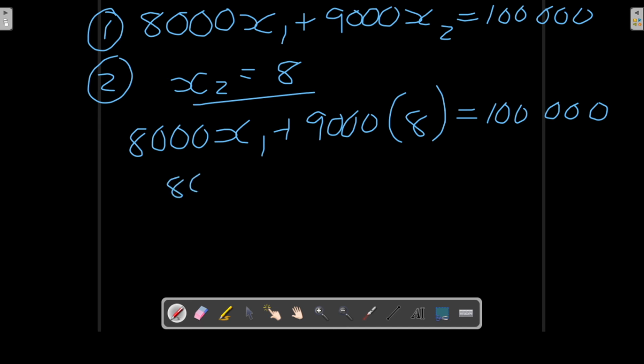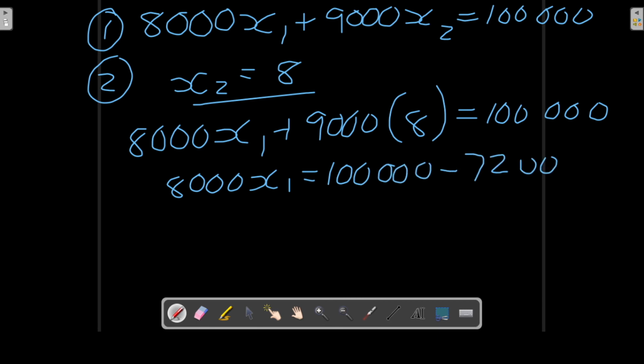Okay, so 8,000 x1 will be 100,000 minus 72,000. And if you solve for that, you get that your x1 is equal to 3.5.